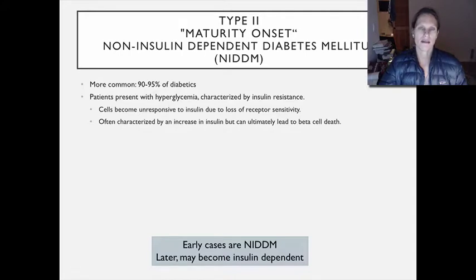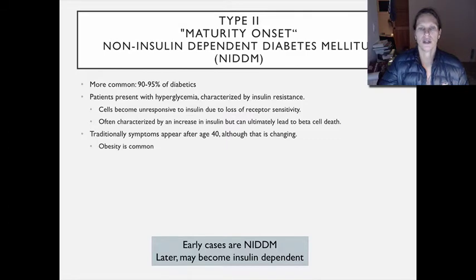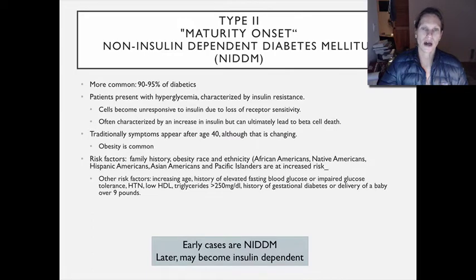So essentially what's happening is the cells are becoming unresponsive to insulin because the insulin receptor loses its sensitivity to the glucose. As I said earlier, it's often characterized by a surge, an increase in insulin, but it can over time burn out those beta cells where they'll actually stop producing insulin, but that's down the road. Historically, the symptoms show up after 35 or 40 years old, but that's changing. Obesity is very common. This is the one we consider a lifestyle disease.